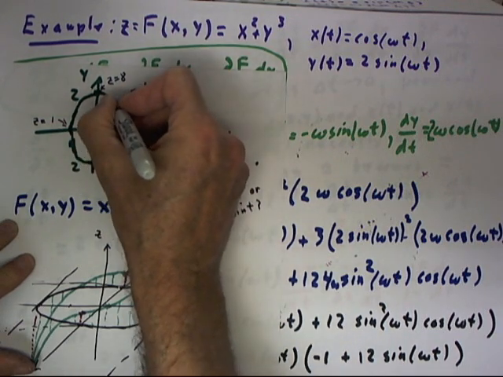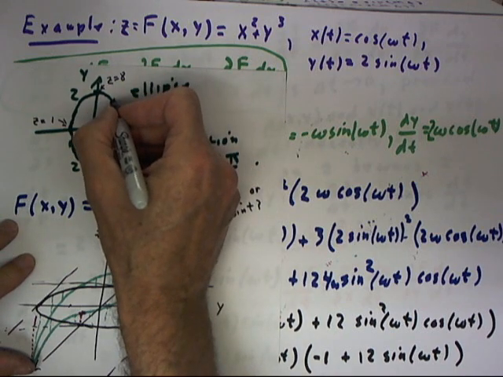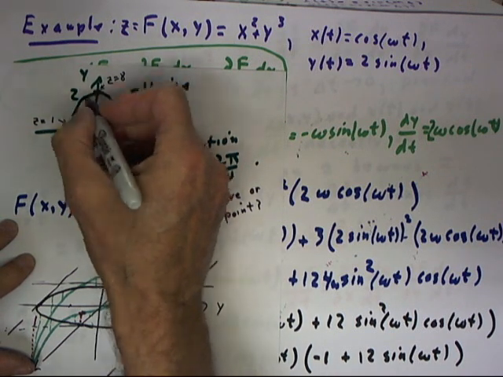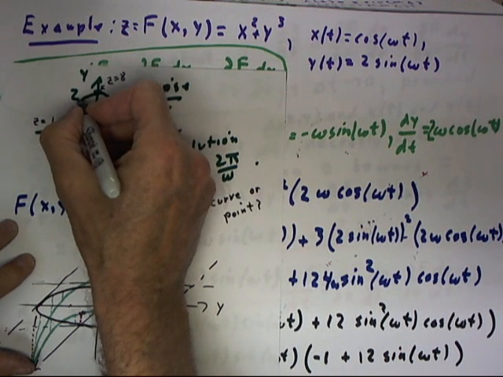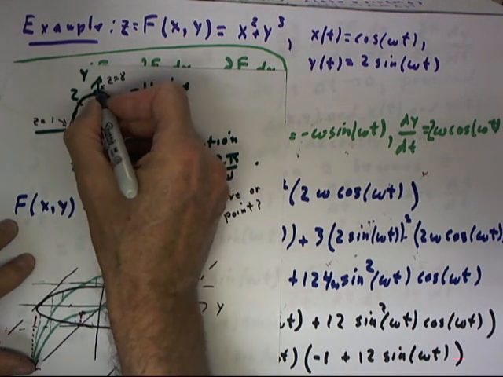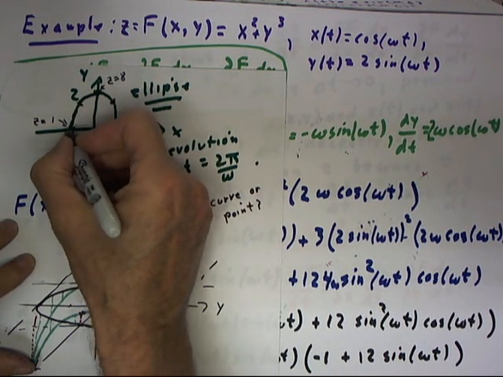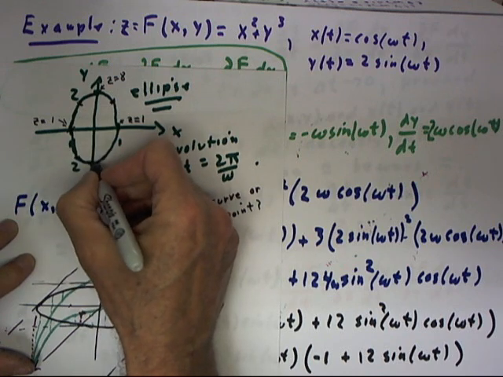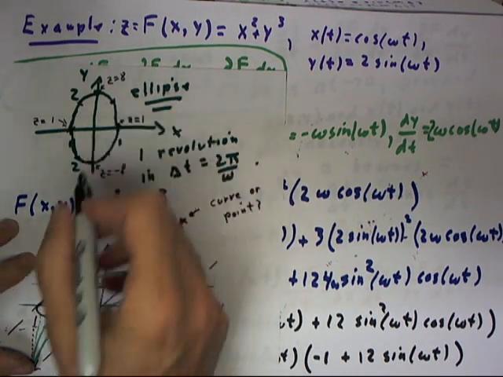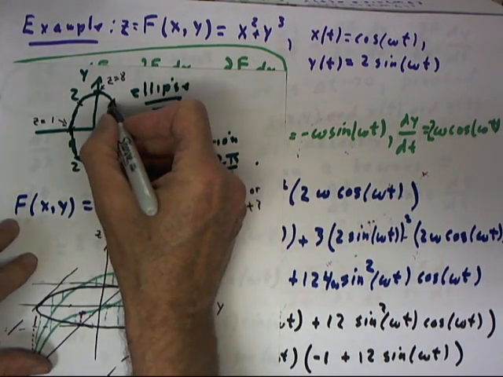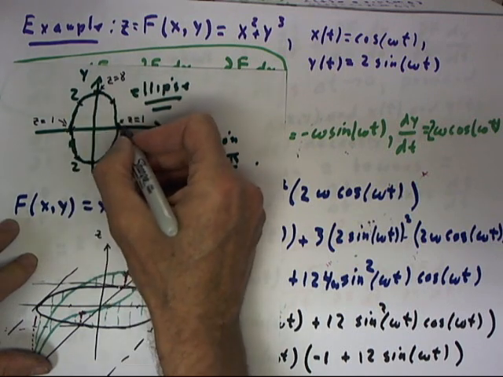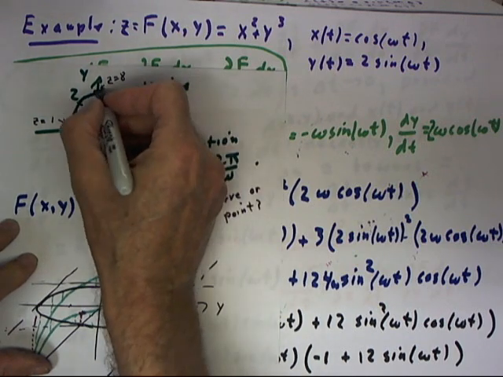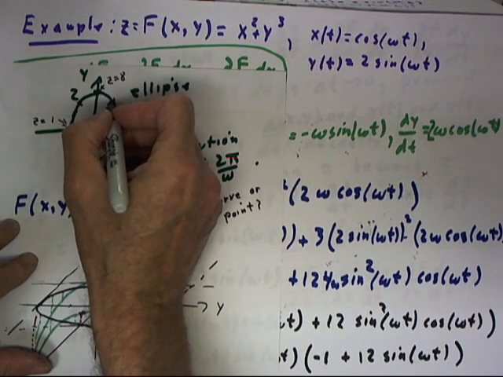That means we go from here to here in the same time it takes us to go from here to here. And if you think about it, and again, you should be able to work this out, that means in an equal time we'll be over here, then down here, and back here. So equal times, here, here, here, here. Moving faster between here and here, moving slower here, but never stopping.